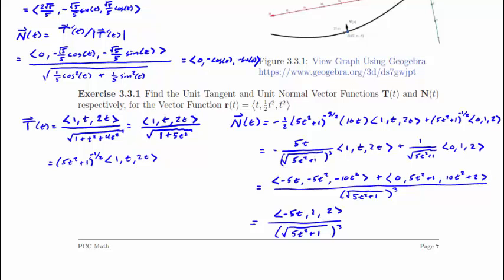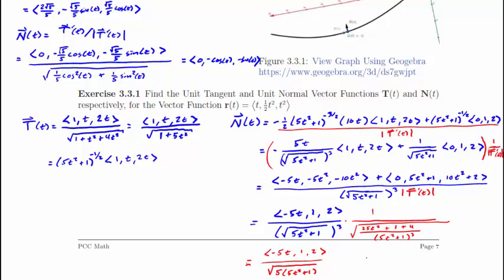And to take the derivative of this and then divide by its magnitude, I totally forgot to divide by the magnitude. So I'm going to have to add that on. I'm just going to tack it on real quick, pause the video, and be right back. Alright, sorry about that.